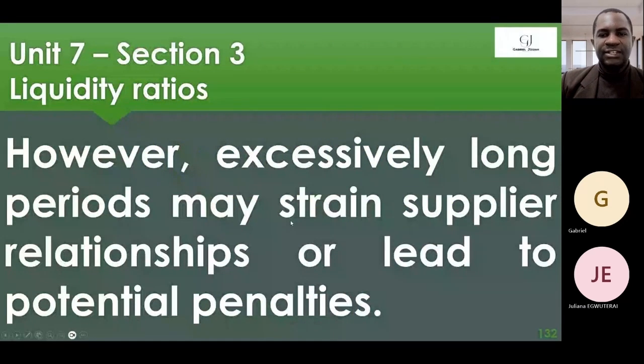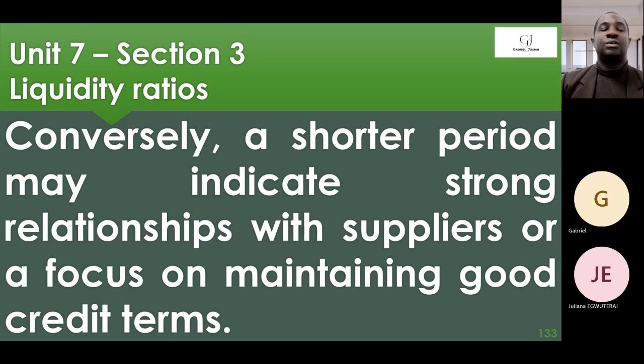And this strain on the relationship may lead to potential penalties, especially where the terms and conditions apply. If you don't meet those conditions, there may be penalties, interest, and also fines for not paying on time. So these are the implications one needs to avoid, and ensure the parties meet their own terms of agreement.